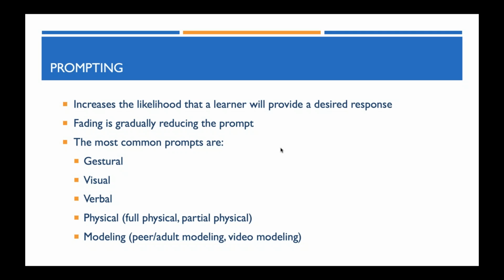Prompt fading is gradually reducing the prompts. And there are many different types of prompts. They can be given individually or multiple prompts can be combined into a package. The most common types of prompts are gestural, visual, verbal, physical, and modeling.